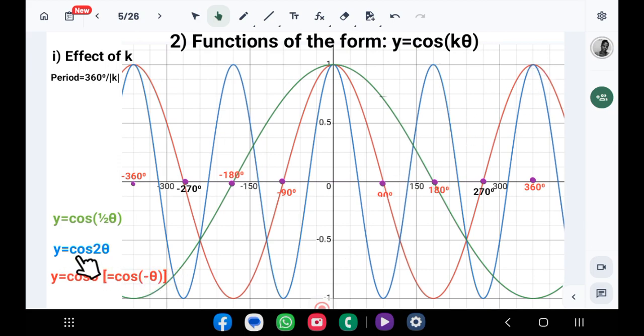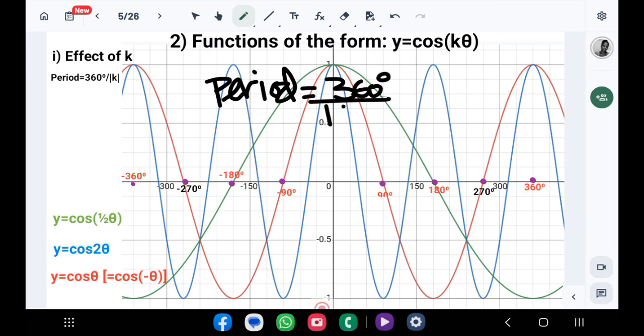Now what happens when your k is equal to 2, for example? How does that affect the period? First of all, let's just calculate that. Remember, period is equal to 360 degrees divided by the absolute value of k. Our k in this case is 2, because that's what your theta is multiplied by. So we divide that by 2. Remember, the absolute value makes sure that whether your k is negative or positive, it will be positive.